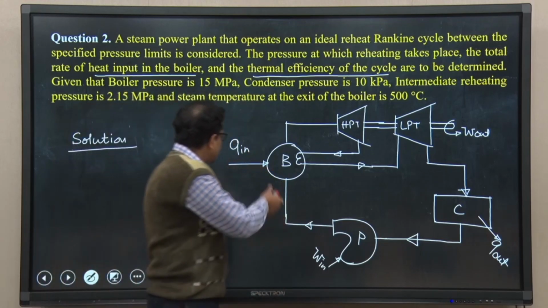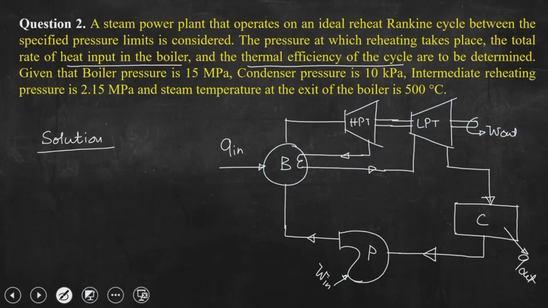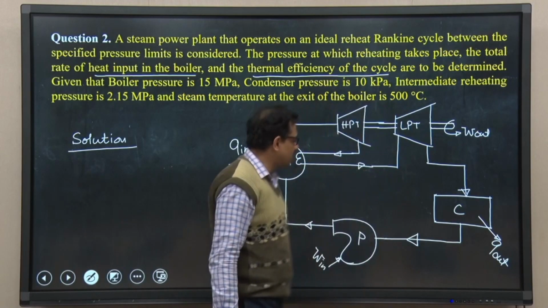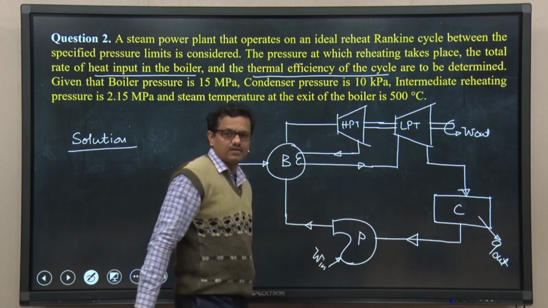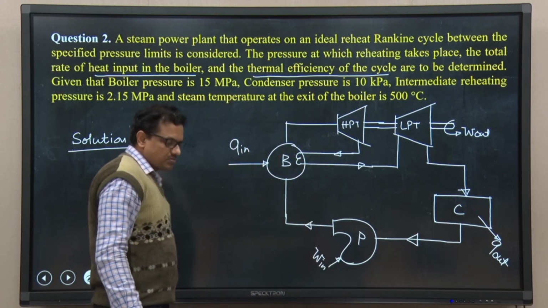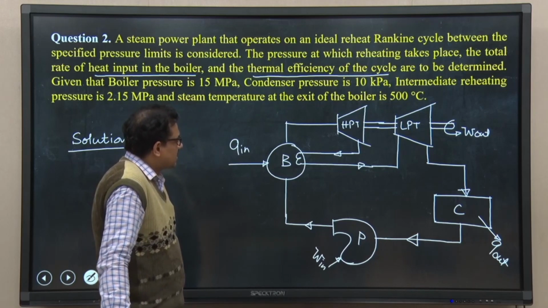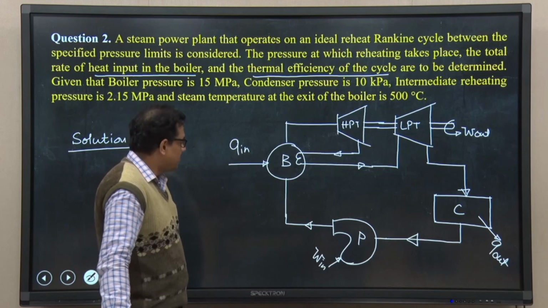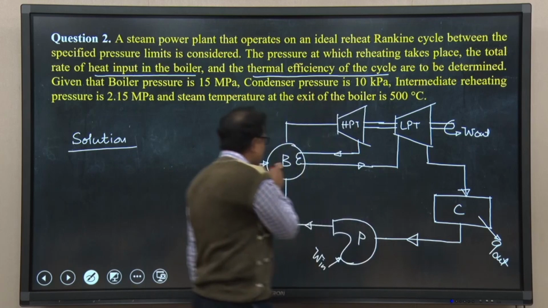So, basically you know that this amount of heat is added to the boiler, and at the cost of that input energy we are getting work output. This is not the net work output, because this is the work output we are getting from the turbine, but we also need to give some input work to the pump for its operation. So, now we have to understand that net work is W out minus W in, and to obtain that net work we are supplying this amount of heat.